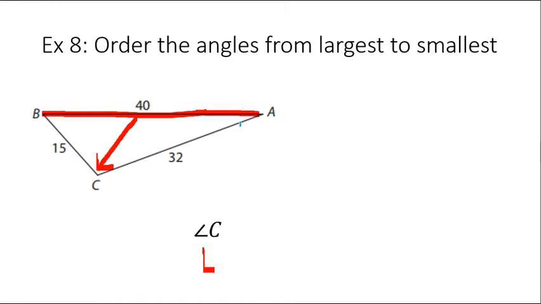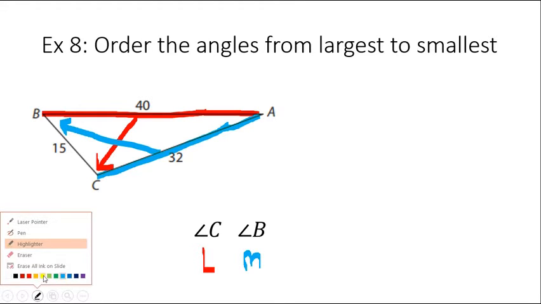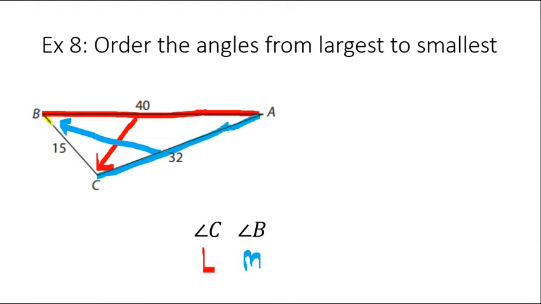That means my medium side, which is 32. So the angle opposite 32 is B. So angle B is my medium angle, which leaves my last side BC being my small side, which means that angle A is my small angle.